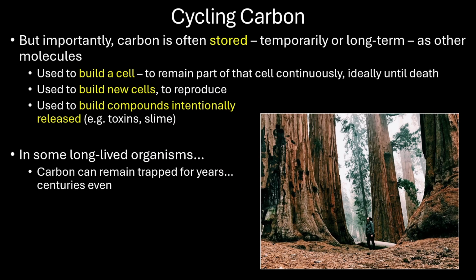But importantly, some of this carbon that is acquired and utilized by living things is stored, either temporarily or long-term, in the form of other molecules. So in the case of an autotroph, for example, when they do photosynthesis and they take carbon dioxide out of the atmosphere, they turn it into glucose.